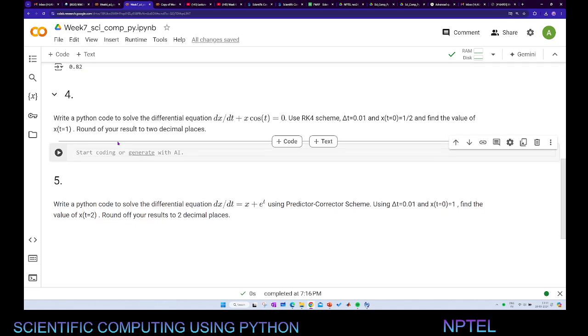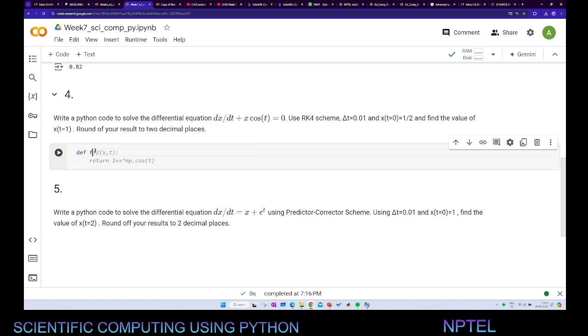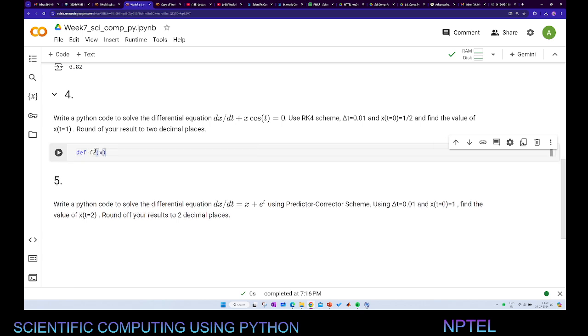Okay, let's write this one. So again, define a function f2 of x comma t.